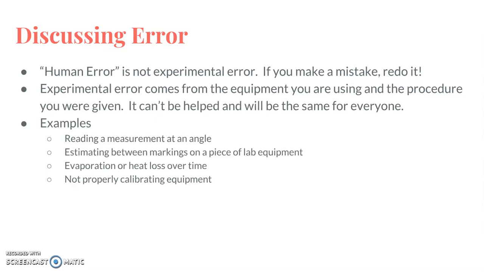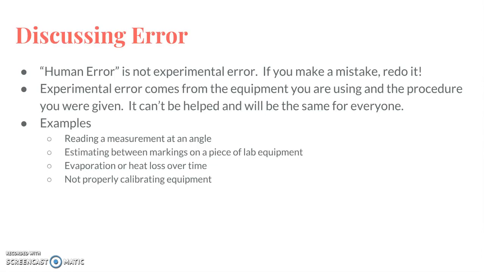This is more relevant when we start getting into taking measurements, using different pieces of lab equipment. There wasn't a whole lot of experimental error with what you did because of the methods you were using, but I still want you to think about what things could, just in the nature of the experiment, cause your results to not be as accurate as possible.